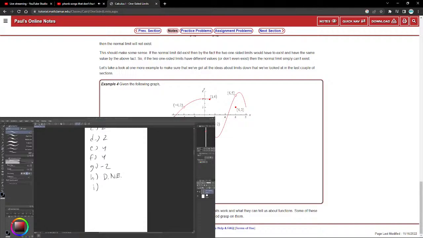I, f of 6, that's 2. J, limit of f of x as x approaches 6 from the left. 5. K, limit of f of x as x approaches 6 from the right. 5. And then L, limit of f of x as x approaches 6.